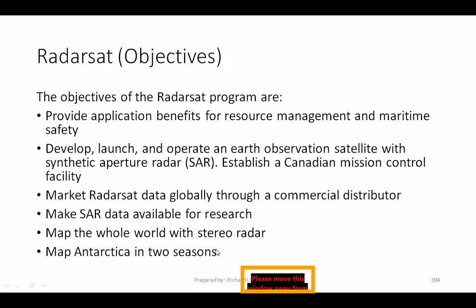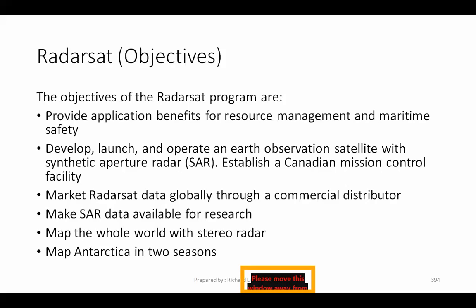So it maps the whole world with a stereo radar. So mapping is possible. In fact, if you look up the information, they are trying to map the whole space. Just like you have maps individually for each country, for each continent, streetwise, they want to create maps even for space.